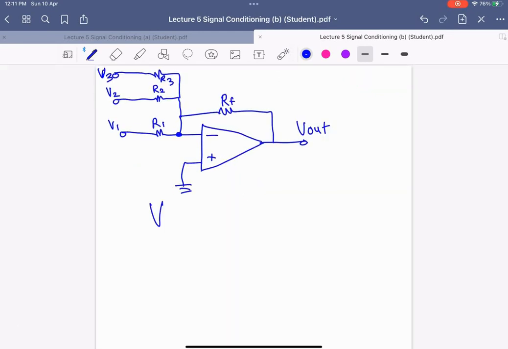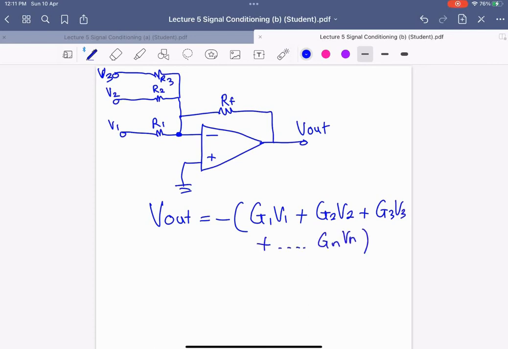The formula is quite simple. So V out, I want you to remember this one. It will have the minus because it will be inverted, right? After this, we have G1 V1 plus G2 V2 plus G3 V3 plus and so on up to Gn Vn. Okay, so you just need to remember this.